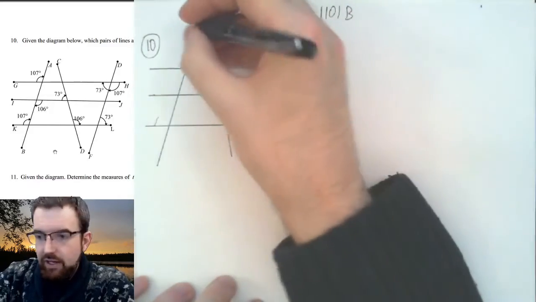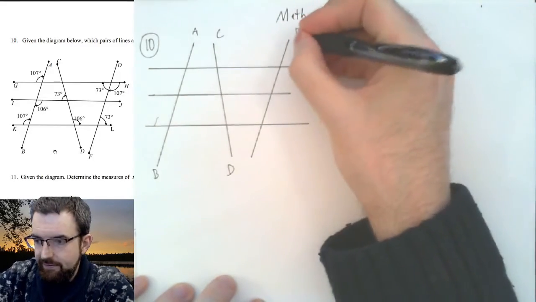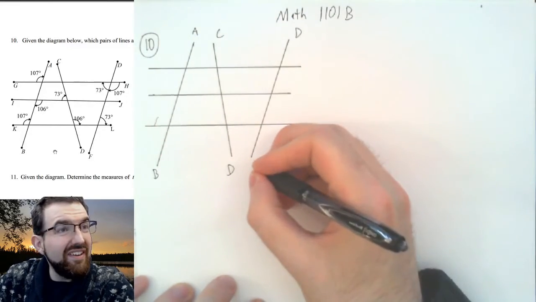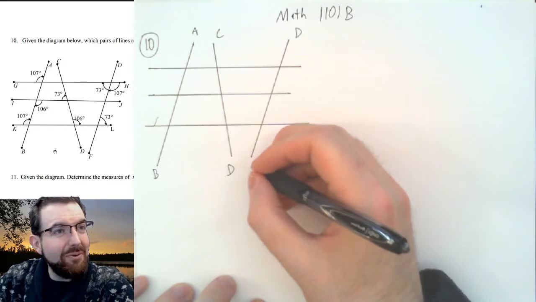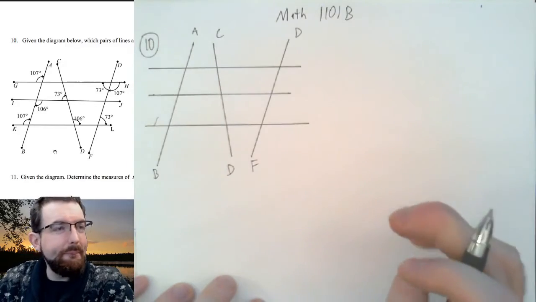Okay, so we've got AB, we've got CD, DF. What? Why are they using the letter D twice? That's really unfortunate. Yikes. Hmm.